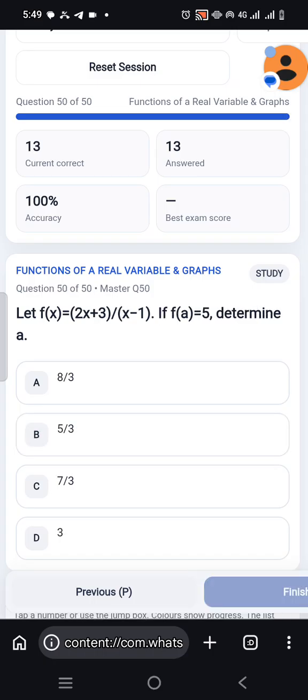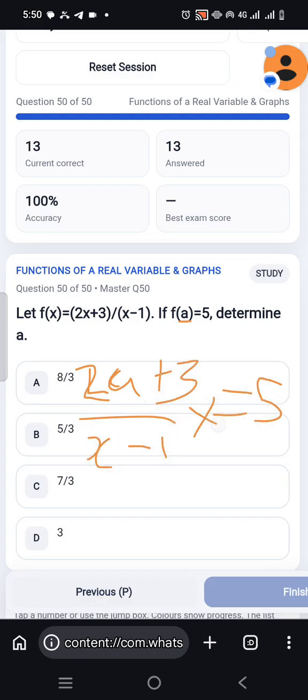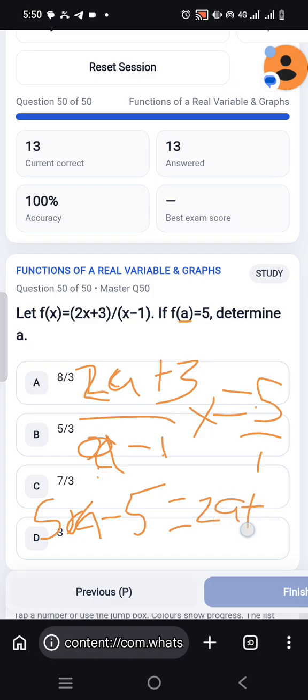This determines the value of A if f of A is 5. The same approach. When your input is A, your output is 5. So your input is A now. You replace your x with A, then x minus 1, then your output you equate it to 5. You must multiply 5 times x minus 1. 5 times x will give me 5x. Minus 1 times 5 will give me minus 5. Then it's equal to 2A plus 3.